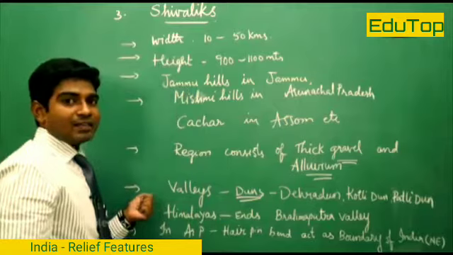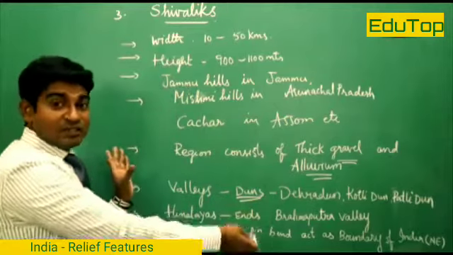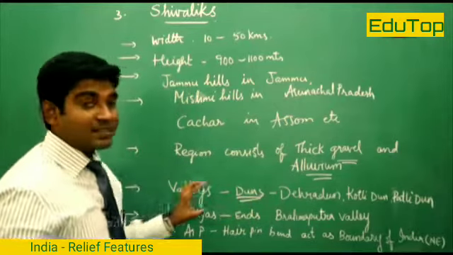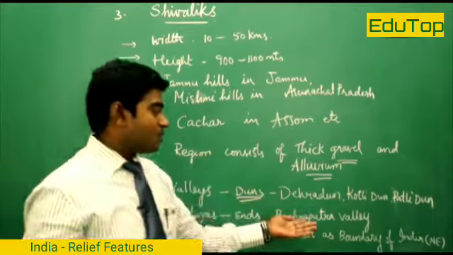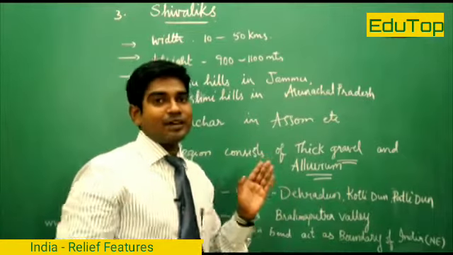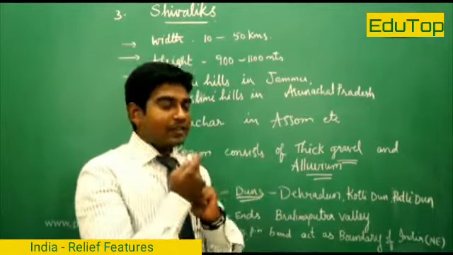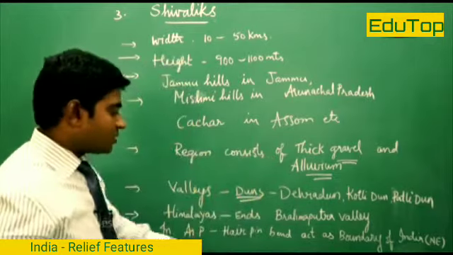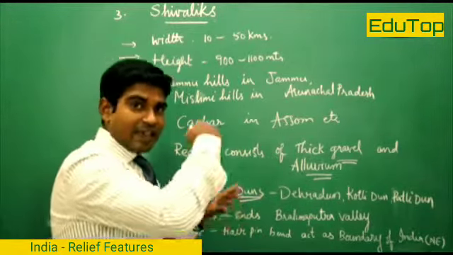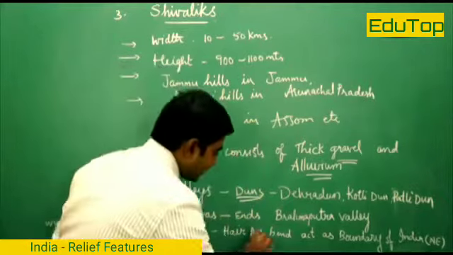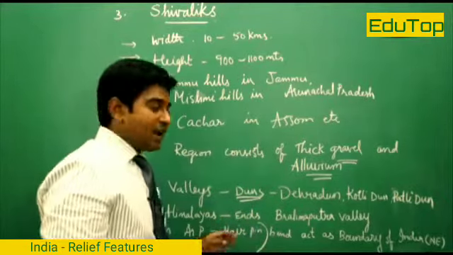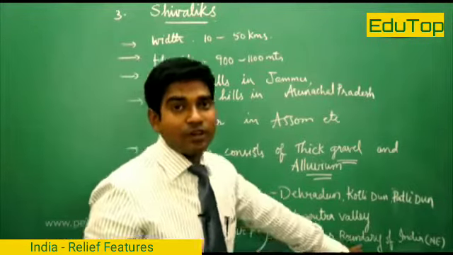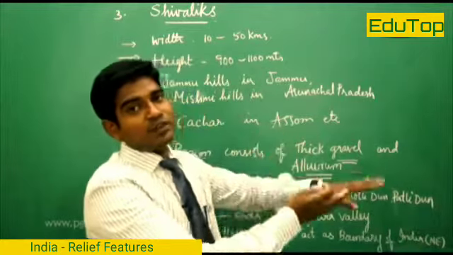Coming to the Himalayas, we are discussing the divisions of the Himalayas. The Himalayas end at the Brahmaputra Valley. Brahmaputra divides the Himalayas from the other nations here. And in the Arunachal Pradesh region, the Himalayas take a hairpin bend, a bend which turns like this and acts as a boundary of India on the northeastern part of India.